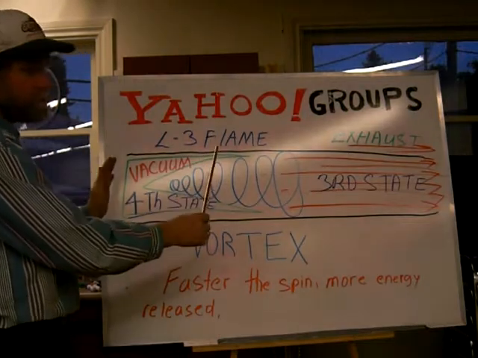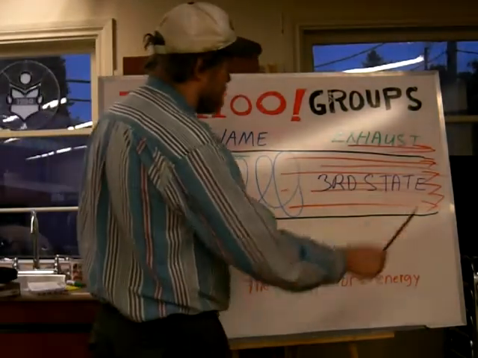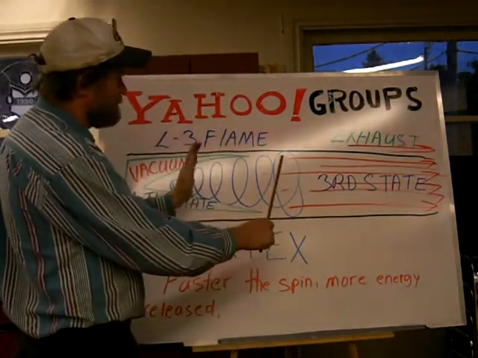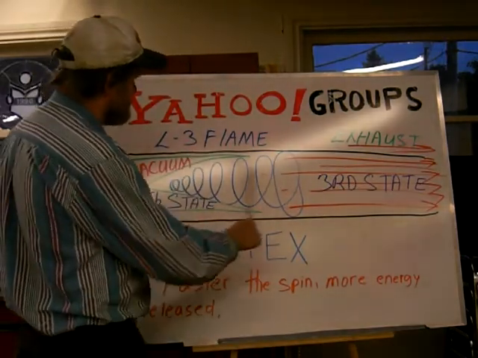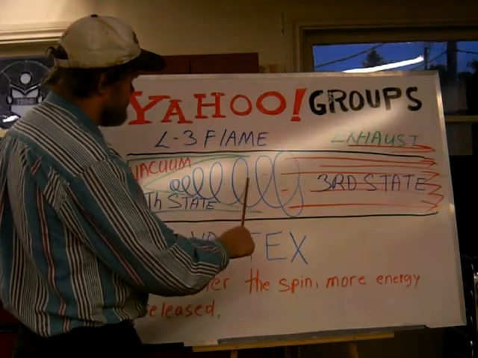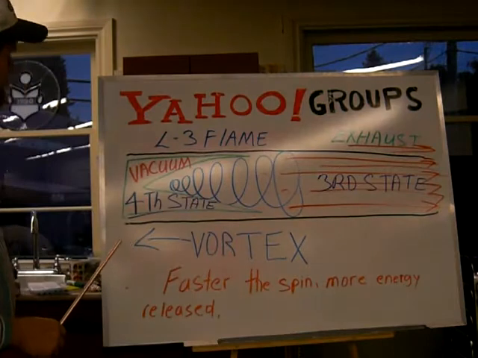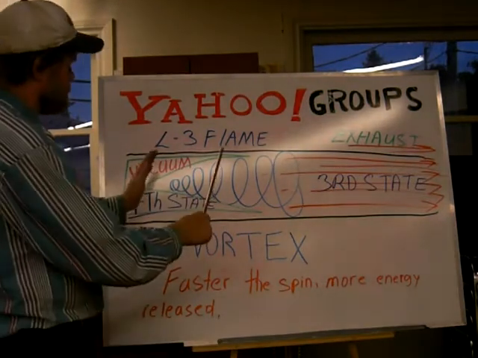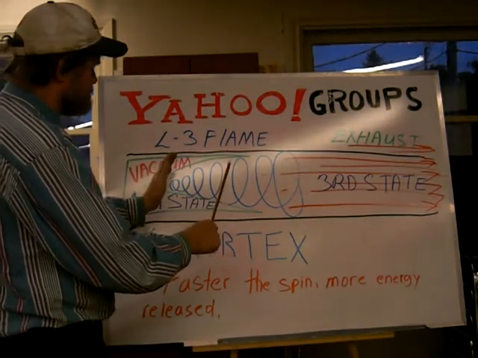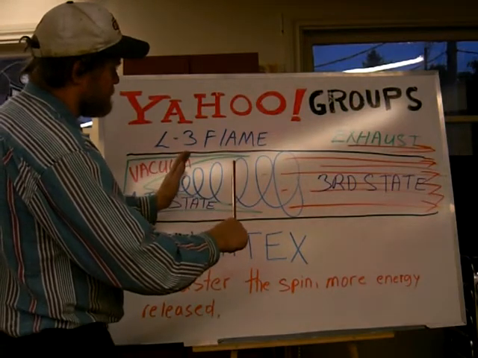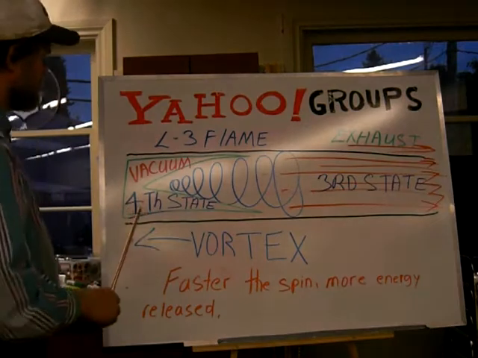So you have a low pressure area, you have a high pressure area, and you have a nexus point, and I believe this is where the level 3 is actually happening, right at the nexus point, being the main cause, producing both the pressure and the vacuum states.